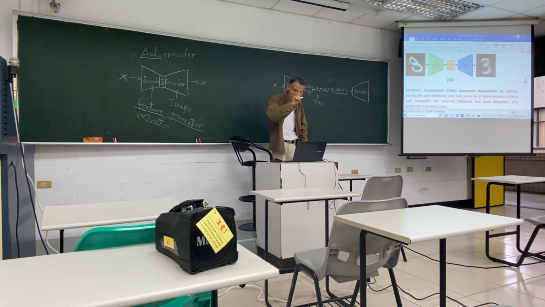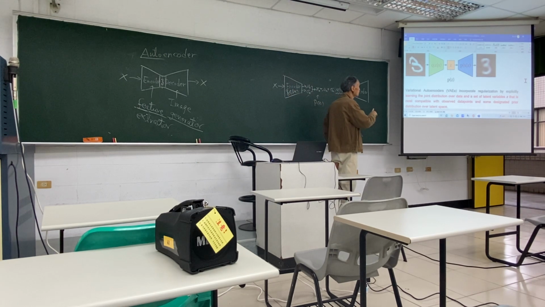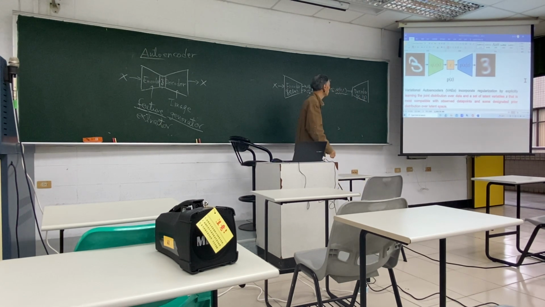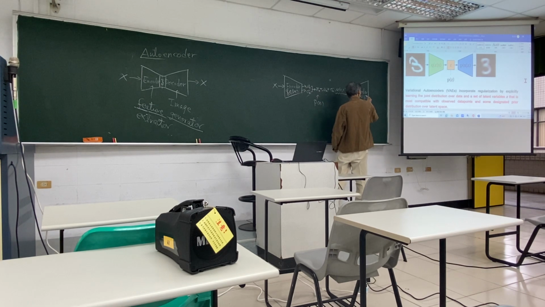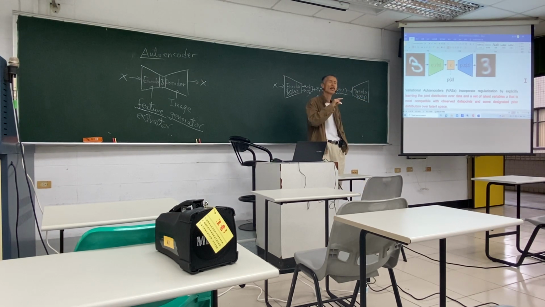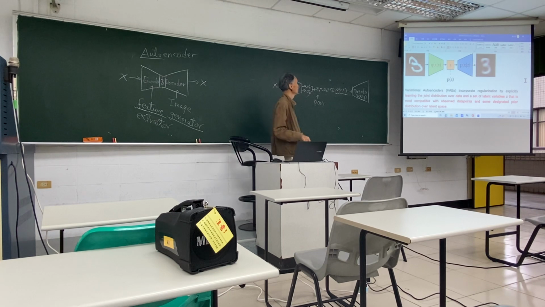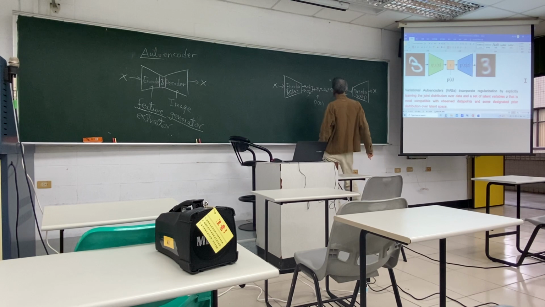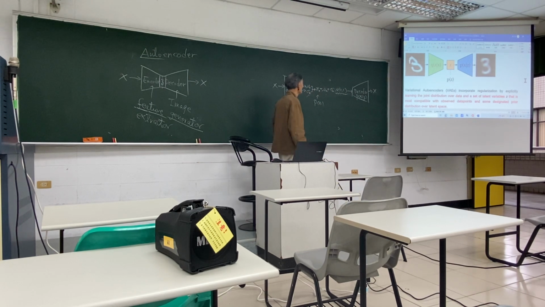Not a standard Gaussian distribution, but a Gaussian distribution given by Z here. And then for the decoder, for a given latent variable, we try to find the maximum likelihood that you can observe the output X, which should be exactly the same as the input. That's the purpose of VAE here.